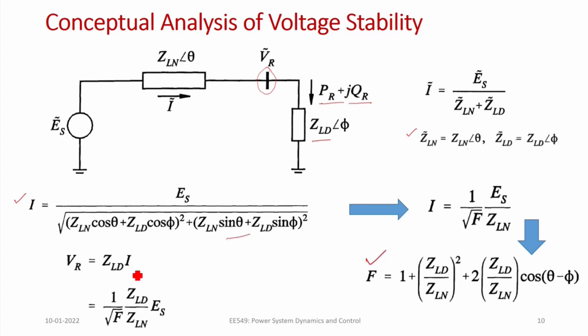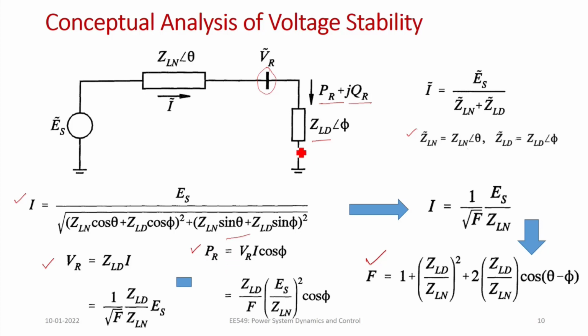And hence VR will be equal to ZLD times I. If we substitute I, we'll find 1 by root F times ZLD by ZLN times ES, which will give us PR, the real power supplied at the receiving end to the load, equal to VR I cos phi. If we substitute VR and I here, we'll get this expression.